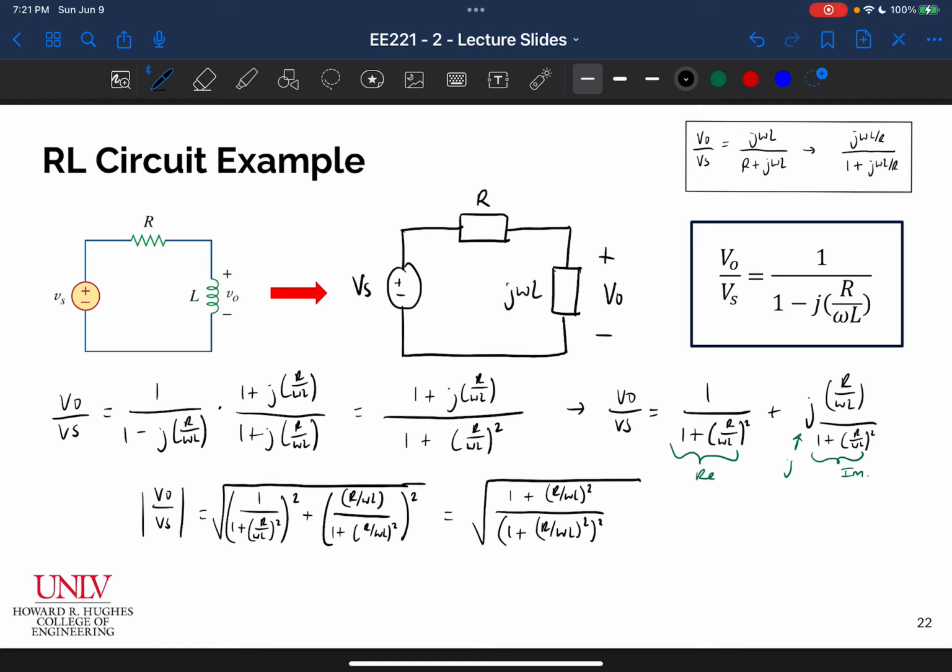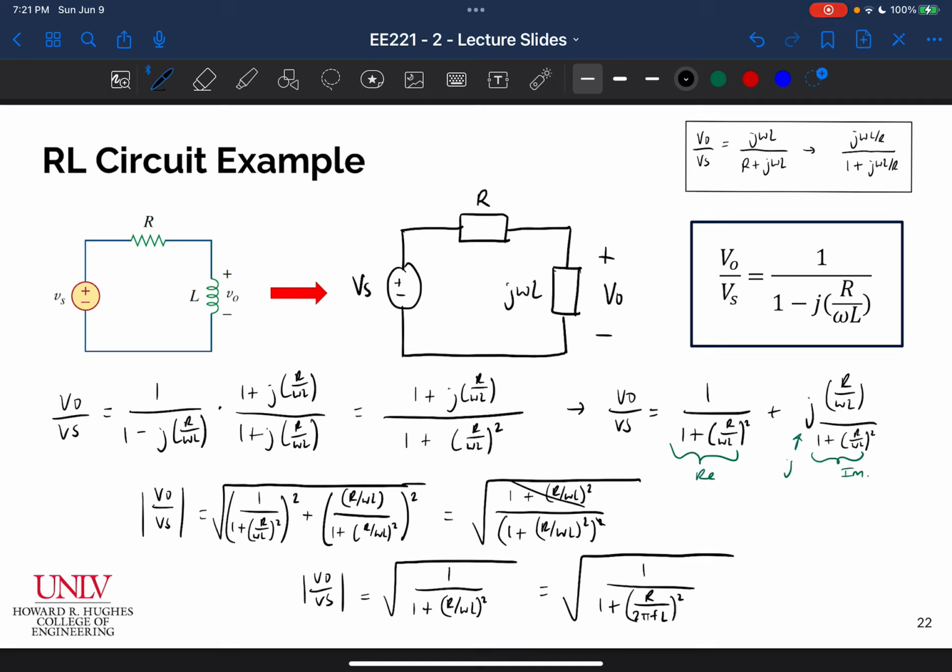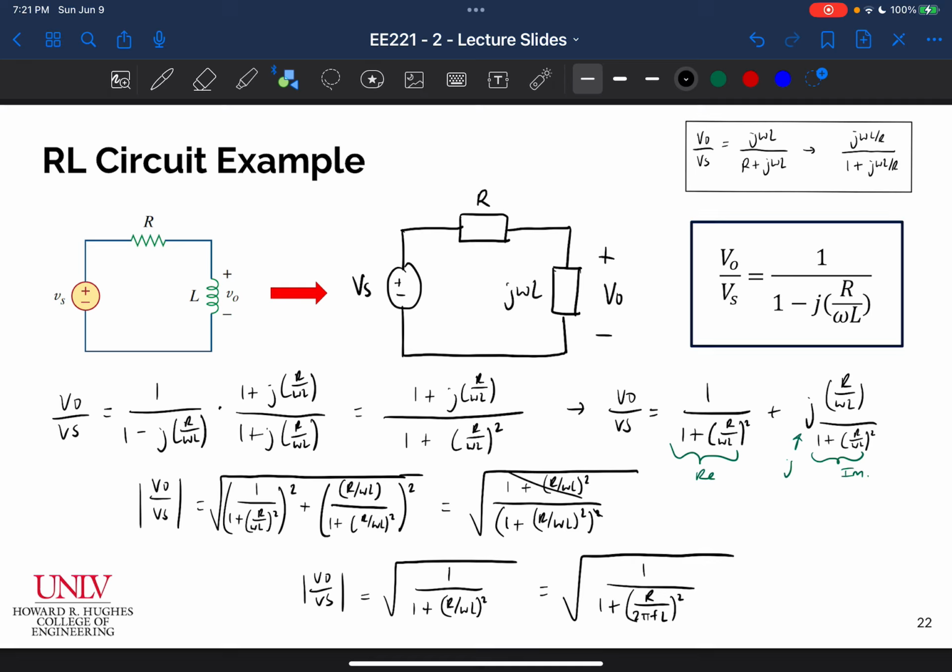We get one of these to cancel, and we're left with a magnitude of the square root of 1 over 1 plus (R over omega L) squared, which I can again rewrite as the square root of 1 over 1 plus (R over 2 pi f L) squared. All right, so that is our magnitude for our RL circuit here. I'm going to go ahead and put a box around it.